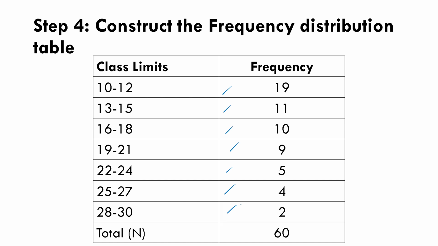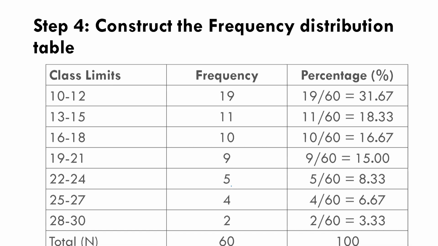You would know if your tally is correct if you have matched the total number of data points. In this case, we have matched the total number of data points, which is 60, meaning our tally is correct. That is for the counting, or doing the tally and the frequency.